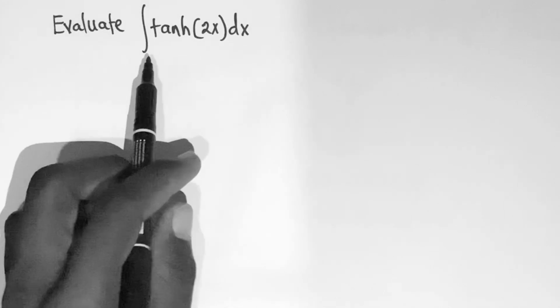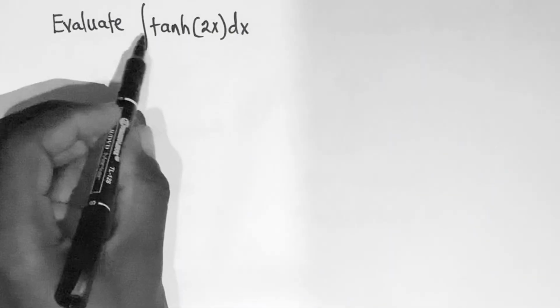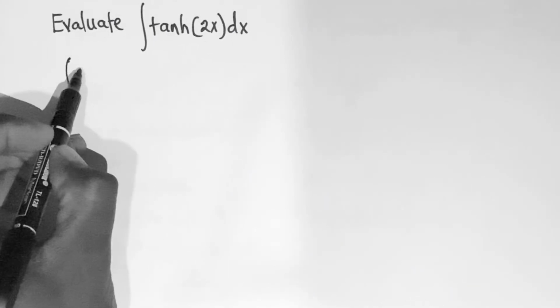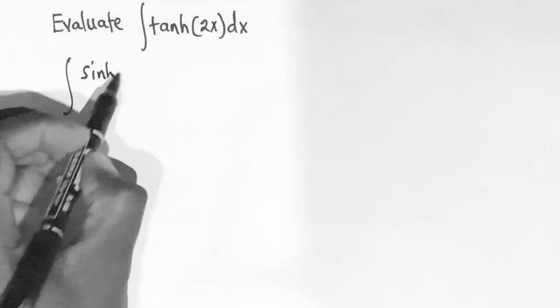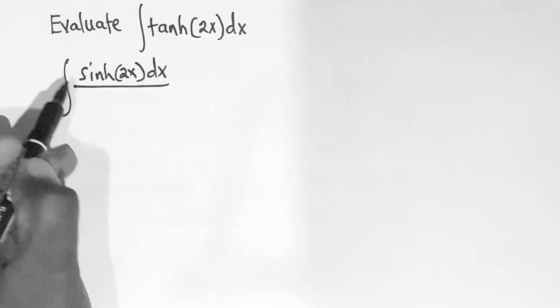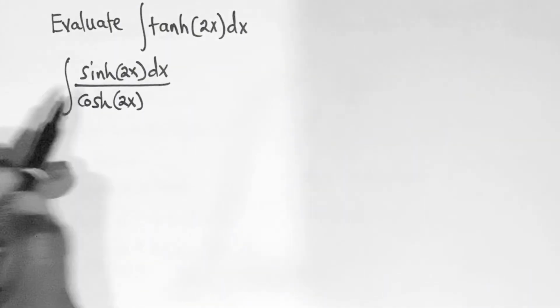Evaluate integral of hyperbolic tan of 2x dx. So now hyperbolic tan of 2x dx can be written as integral of hyperbolic sine of 2x dx, divided by hyperbolic cos of 2x.